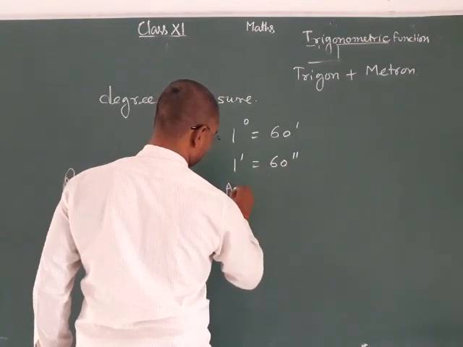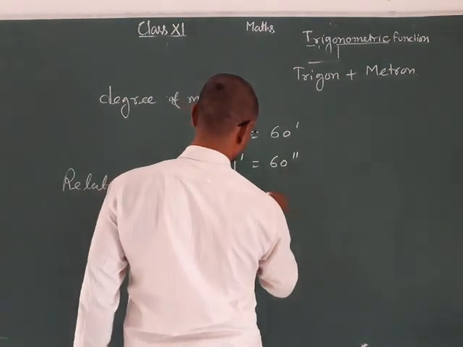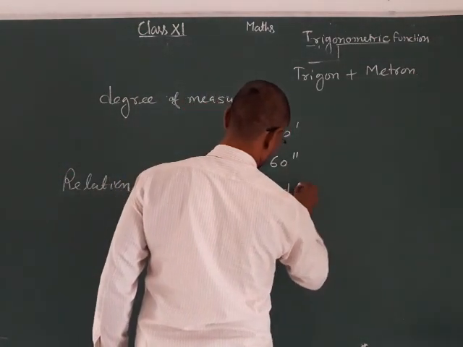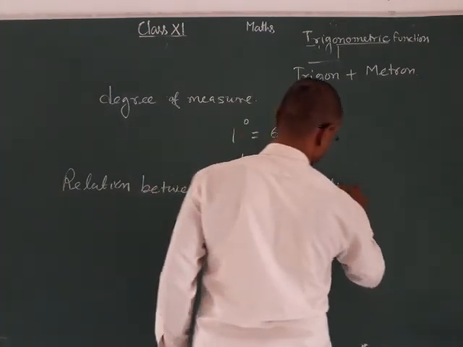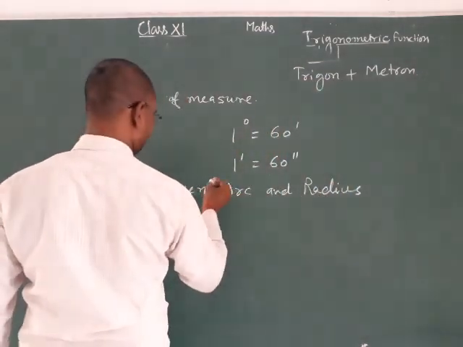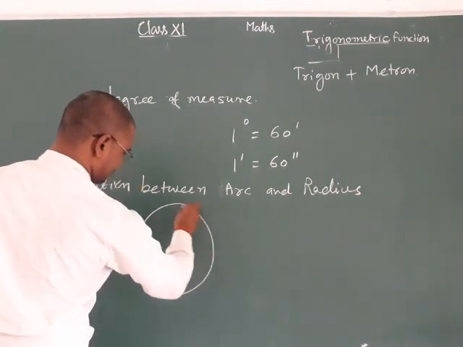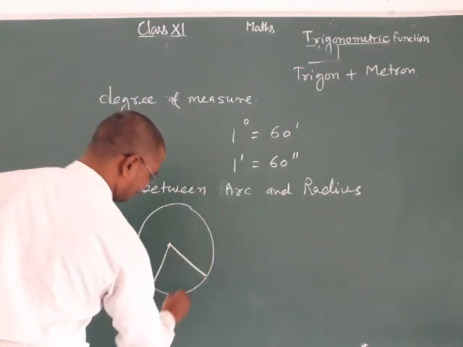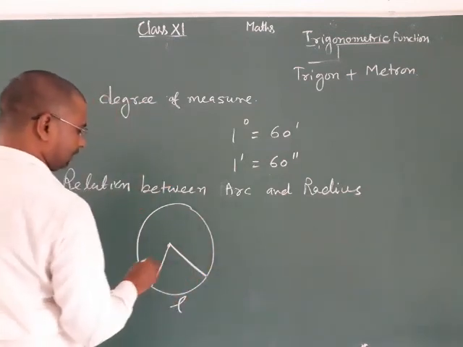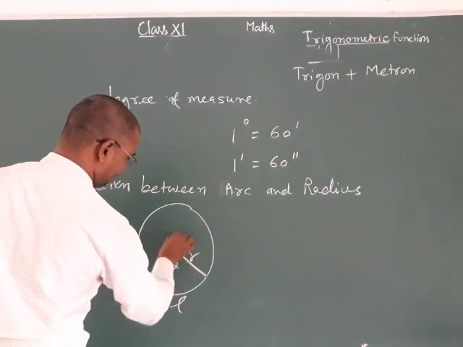arc and radius. So let us consider a circle with center O, an arc of length L, radius R and central angle theta.